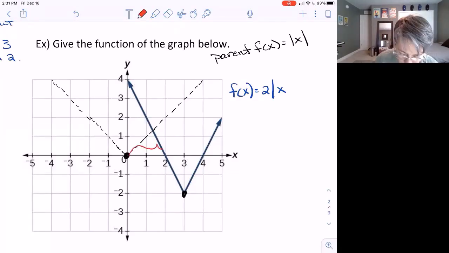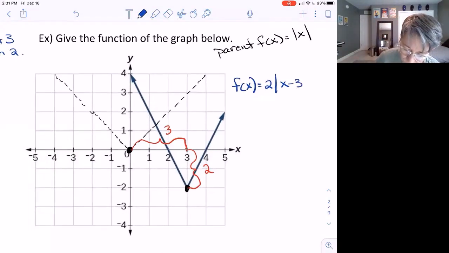Looks like we have shifted to the right 3 units and down 2 units. Using our knowledge of transformations, we shift right 3. That means we're actually subtracting 3 from the inside x value. When we move down 2, that means we are subtracting 2 from the entire function.